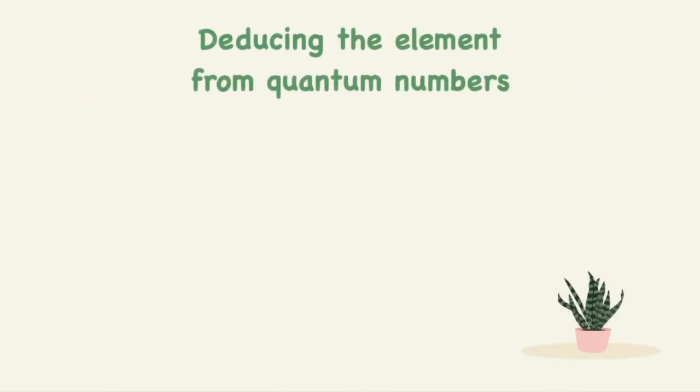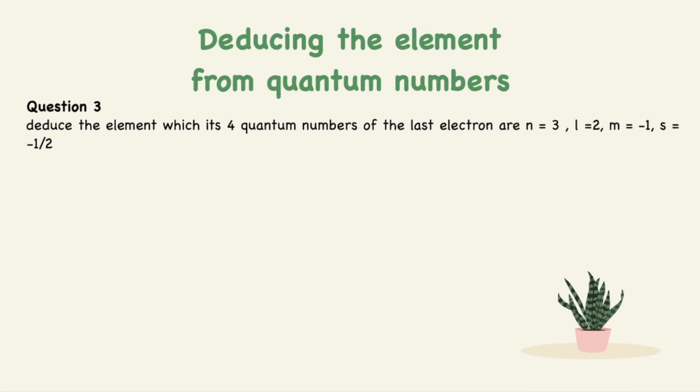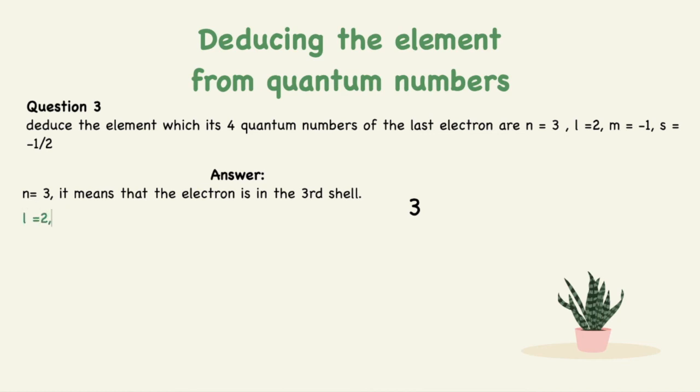So the next, deducing the element from quantum numbers. We already have 4 quantum numbers and we need to deduce what element it is. So we should identify. n is 3, it means that the electron is in the 3rd shell, and we will write 3 for the shell, and l is 2.